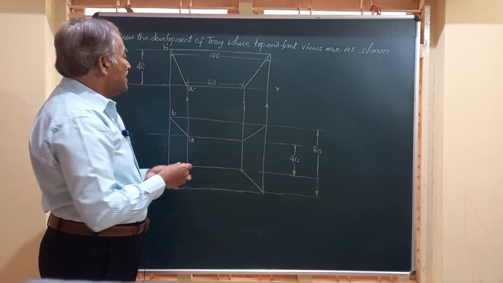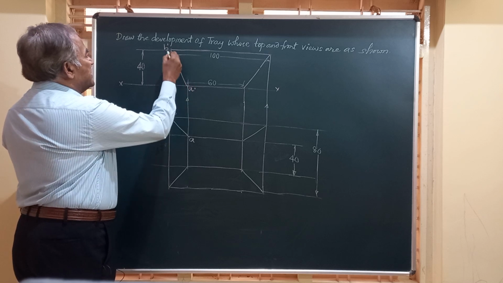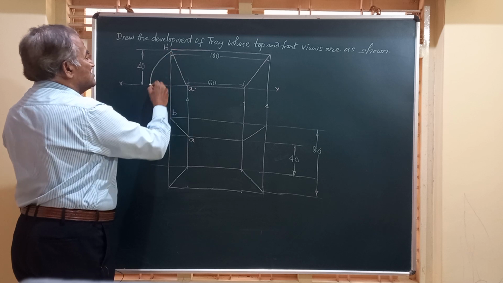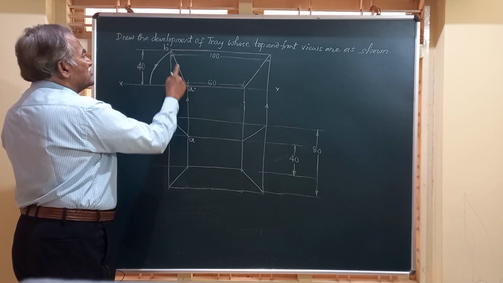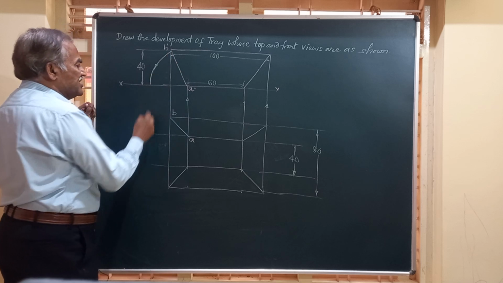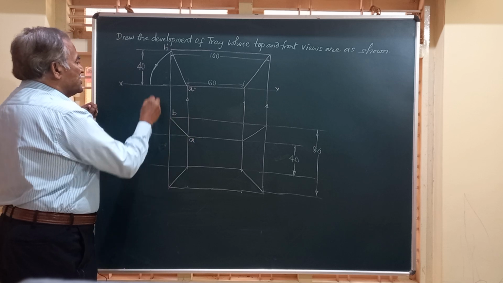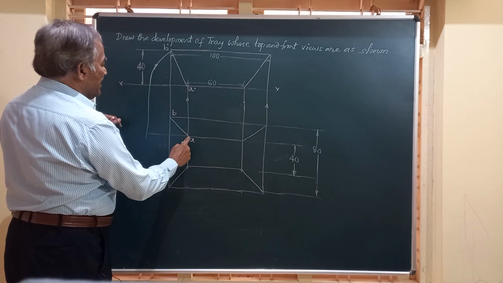So to obtain the true length, friends, I take A dash as center, A dash B dash as radius and strike an arc. So friends, I have taken the center A dash, radius equal to this length, drawn an arc till here. So we will bring it down straight up to locus of this. Now friends, A is here.